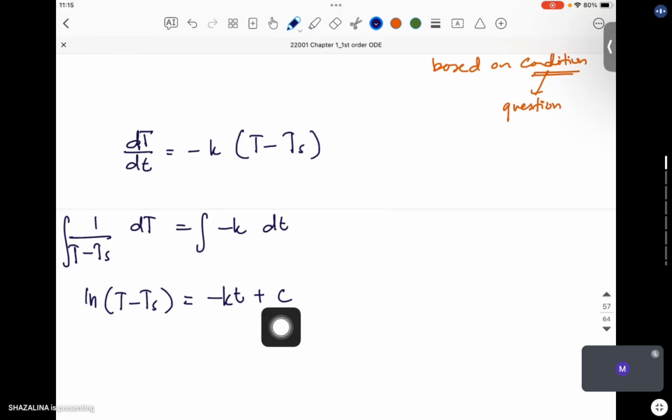C is a constant. Our aim is to find what is capital T. So kena eliminate ln by exponent both sides.